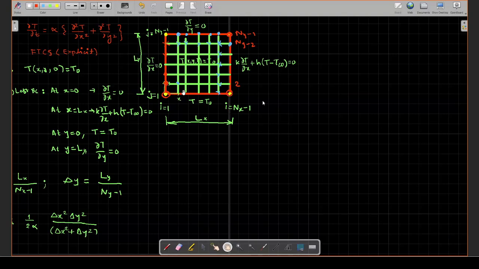So that point would be I equal to nx. Won't the last point be I equal to nx instead of I equal to nx minus 1? We can take that. So suppose we want these many points, 1, 2, 3. So we can make that.